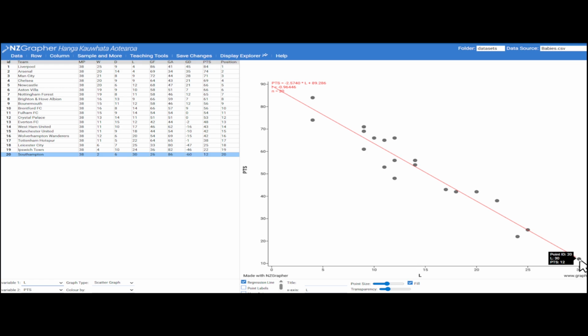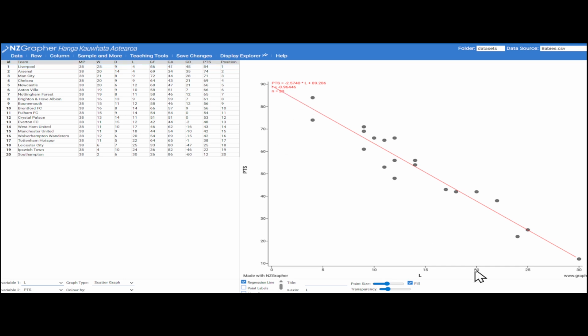It must have been absolutely dreadful in their home ground towards the end of the year there, if anyone showed up. And at the top here is Liverpool. So kind of surprisingly, the team that won the most games also lost the least number of games.